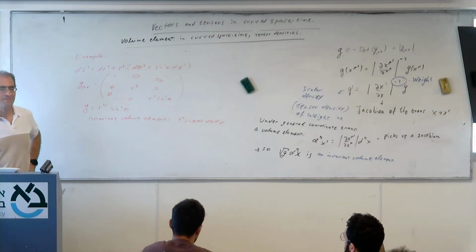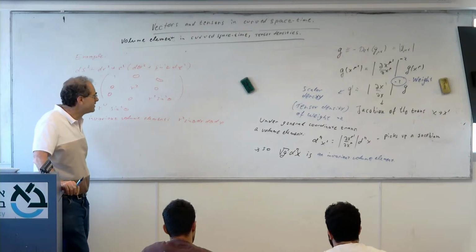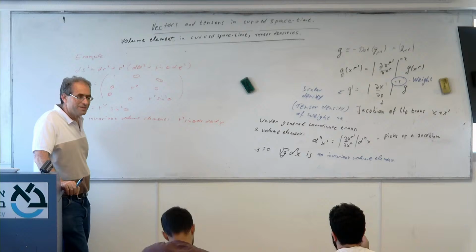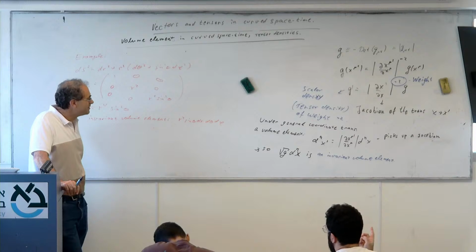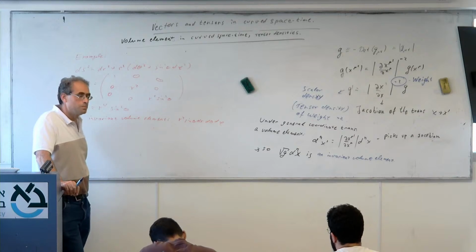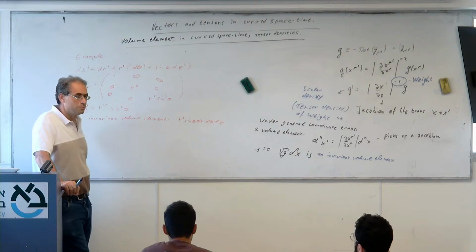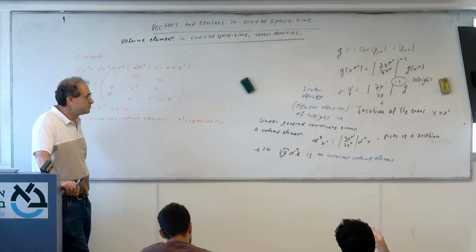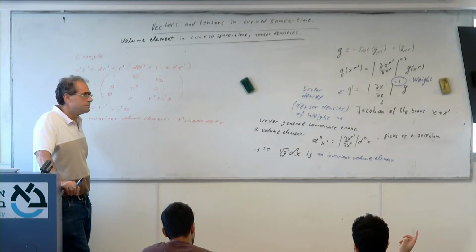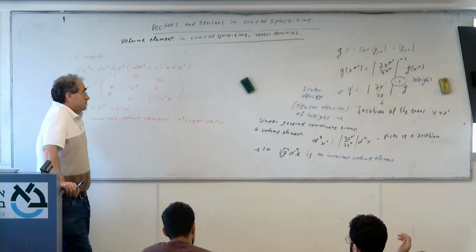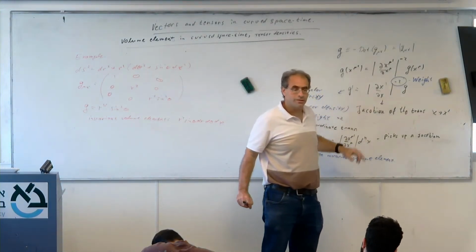Okay, now questions. Yes. If this is the n dimension, why is this not the nth root of g? Why is the weight always 2? Because when you take the determinant, that's what you're going to get. You're going to get the Jacobian to the power minus 2.